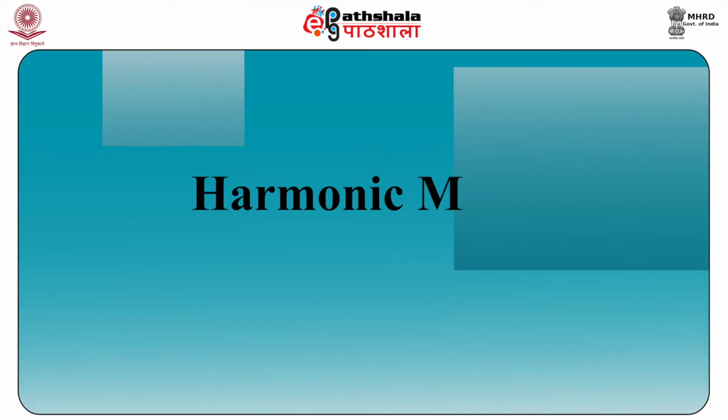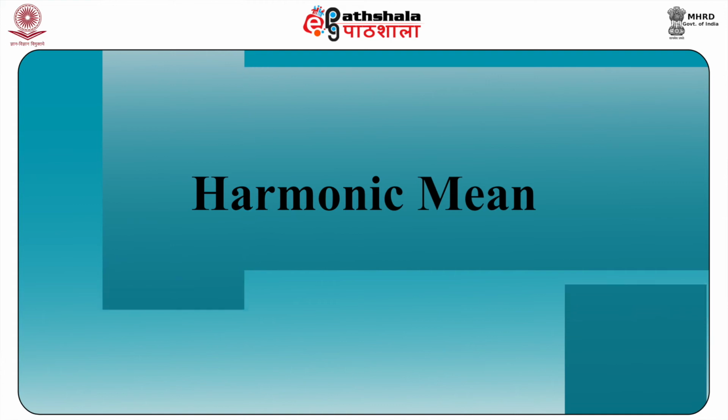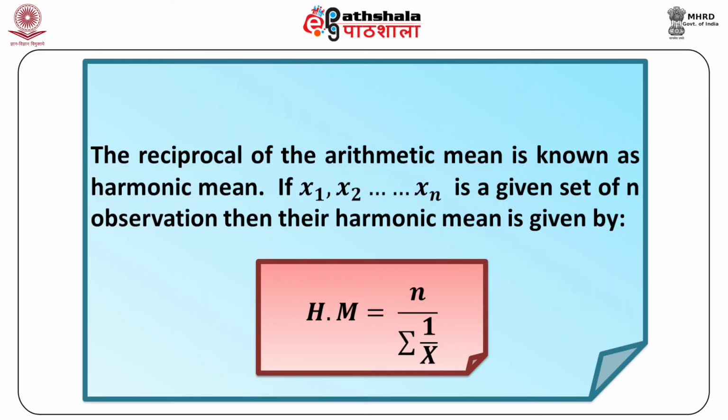Similarly, we have another method which is harmonic mean. The reciprocal of arithmetic mean is known as harmonic mean. If x1, x2, up to xn is a given set of n observations, then their harmonic mean is given by the expression HM equals n, that is the sample size, divided by summation 1 upon x.